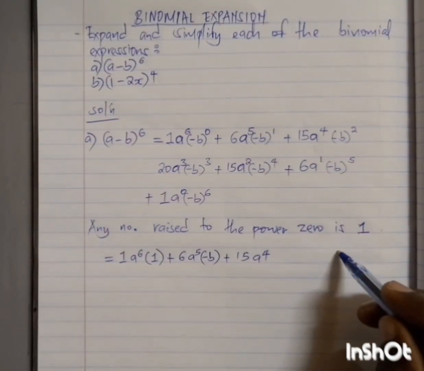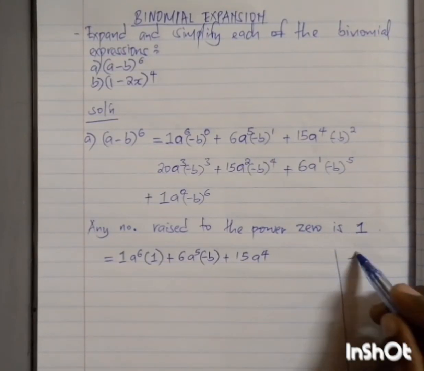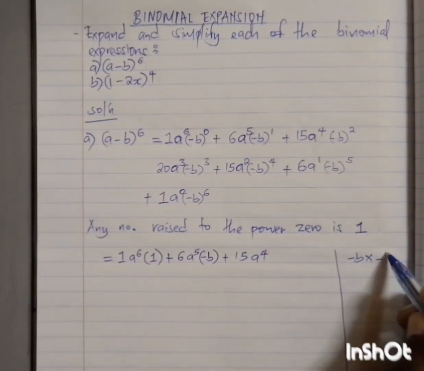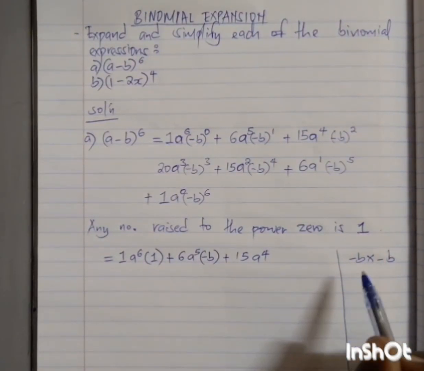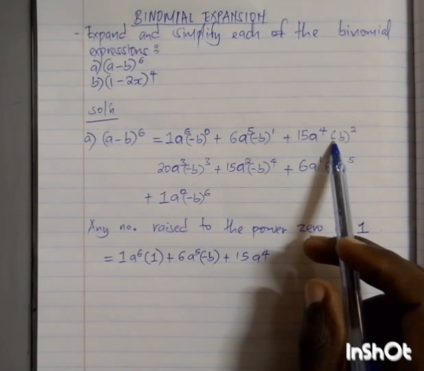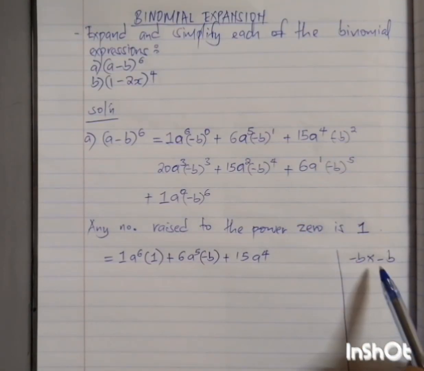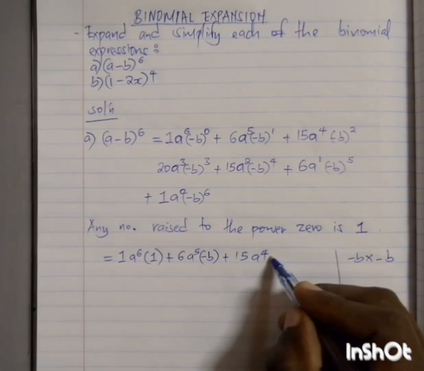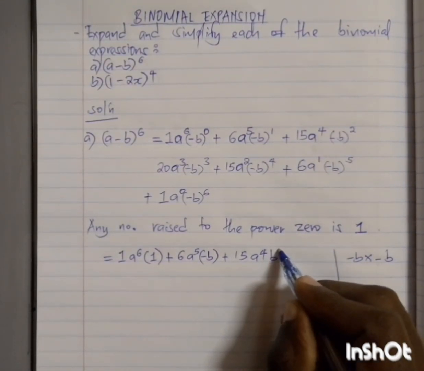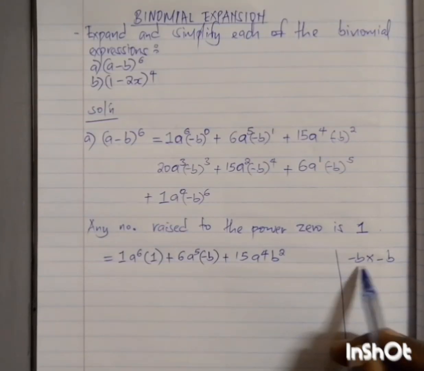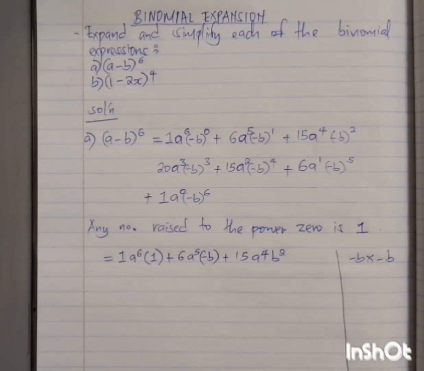It is the same as minus b multiplied by minus b. Negative and negative gives us a positive. So you need to understand that when the power is even, we'll have a positive number. So we'll have b squared, because minus b times minus b will be b squared.